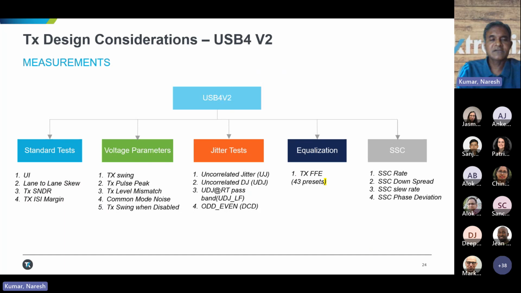The standard tests are unit interval, lane to lane skew, transmit SNDR, transmit ISI margins available, transmit swing, pulse, etc. I won't read out all of them, but you can see that broadly there are standard tests, voltage parameters, jitter tests, equalization effects checked, plus SSE measurements as well. Spread spectrum clocking measurements as well are defined.